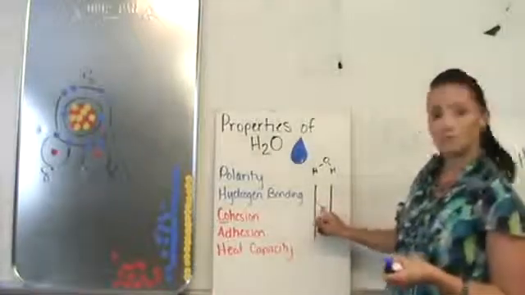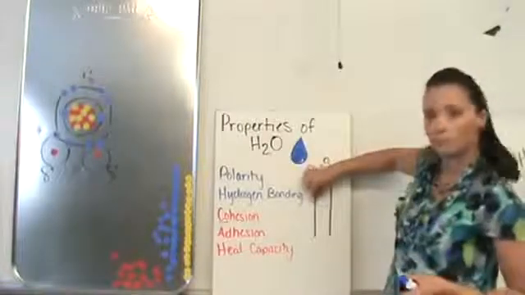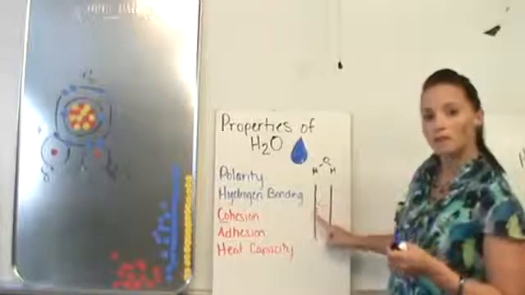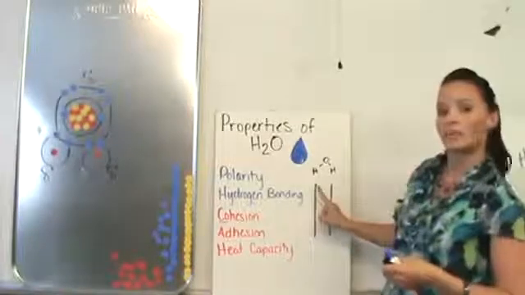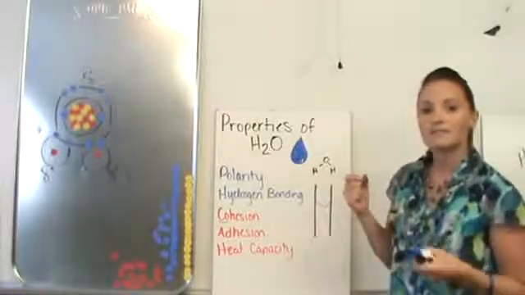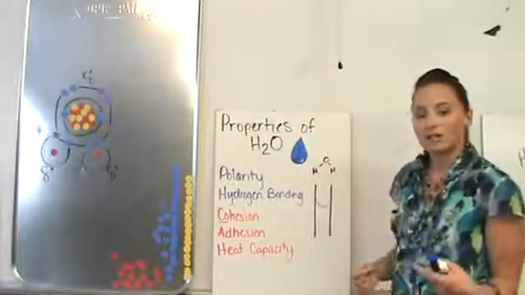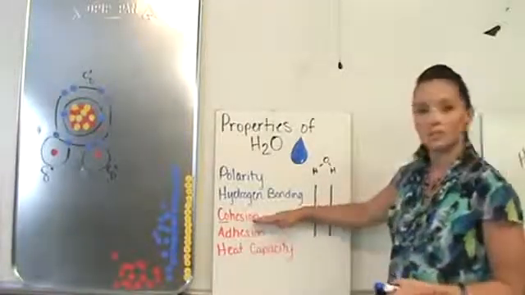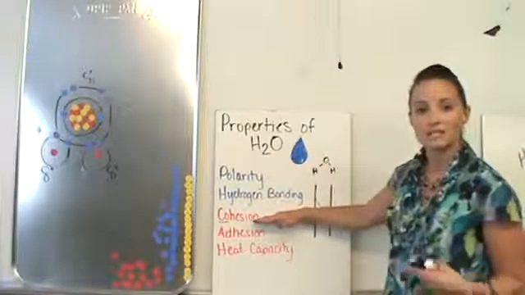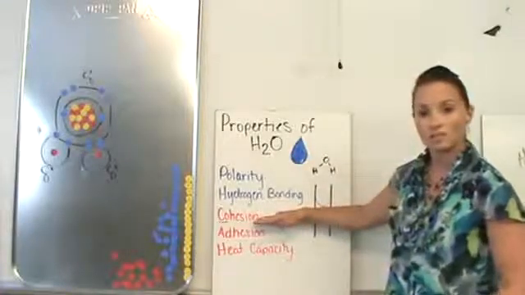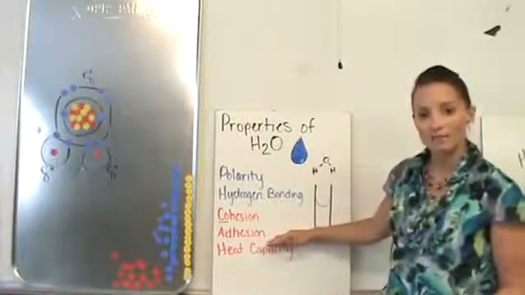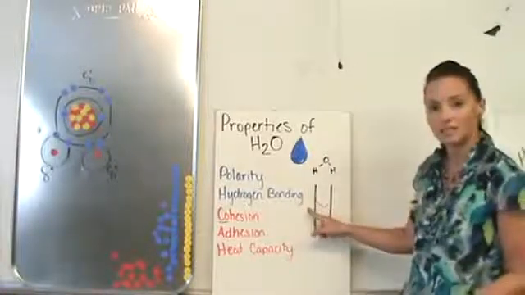It also likes to stick to each other, so it's not going to make little water droplets on the glass, but it's going to stick to the water that's down below it, along with pulling up the side of the glass. And that's because the force of adhesion is actually greater than the force of the cohesion. So cohesion is when water molecules want to stick together, stick to each other, and adhesion is when water molecules want to stick to something else. For instance, the glass here.